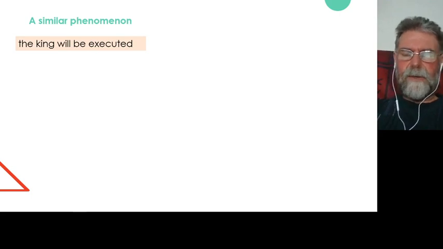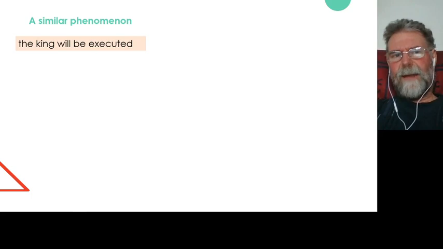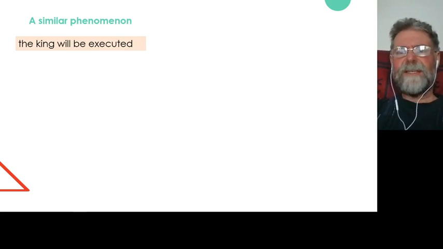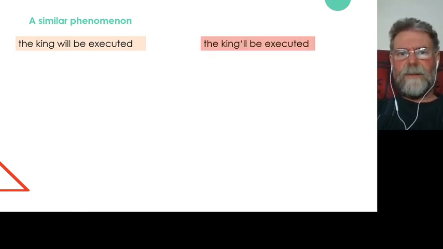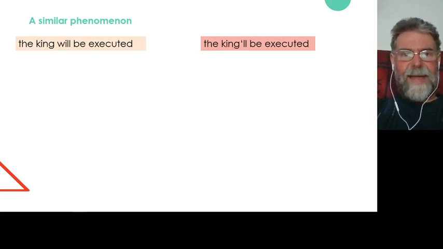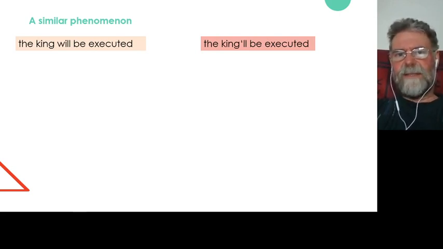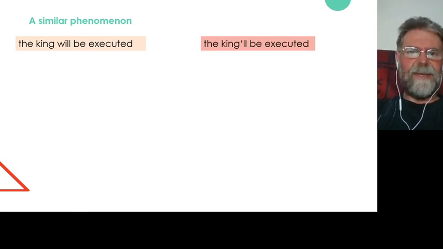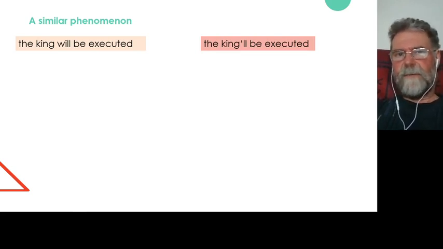Now, in spoken English, there's another way to put this, where we don't actually pronounce the will. It gets contracted to something like 'll, and this 'll thing gets attached to whatever it is that appears in front of it. So you get the king'll be executed. Okay, so it looks as though this 'll, the contracted will, is sticking itself onto the end of king.